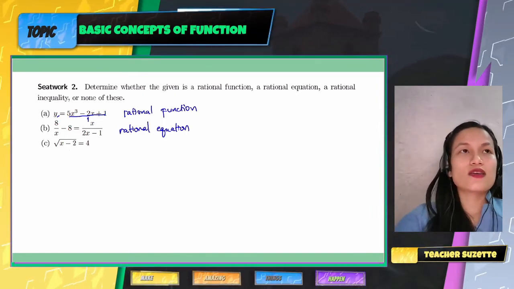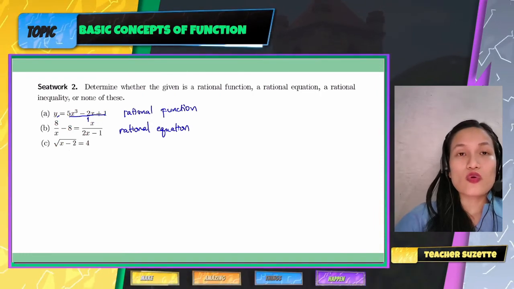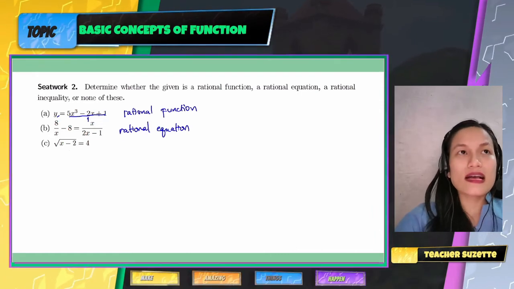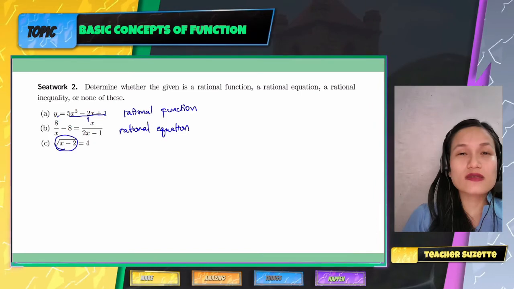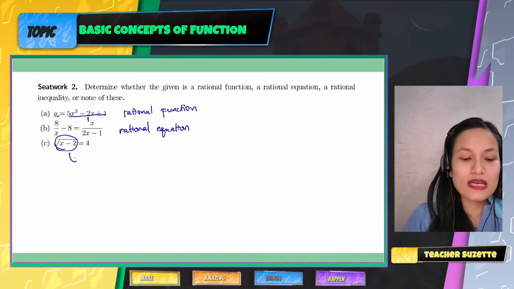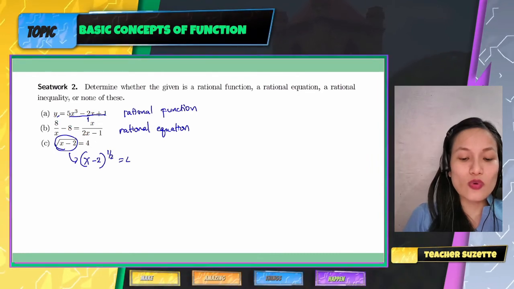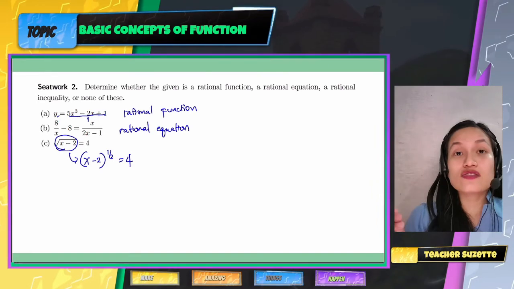Then last, you have the square root of x minus 2 equal to 4. It's an equation, yes. However, is it rational? Again, you have the presence of the square root of x minus 2, and this can be written as x minus 2 raised to 1 half equal to 4, which is not a rational equation.